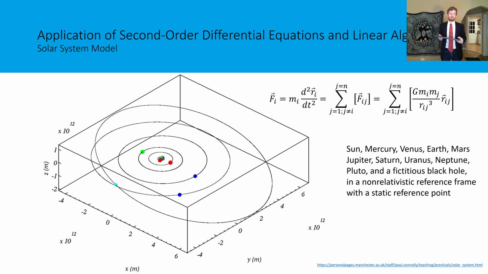And we're not considering the force of Neptune on itself. So again, the net force on Neptune is the sum of all of the forces on Neptune by other bodies. And so let's consider one of the forces on Neptune by another body, j.